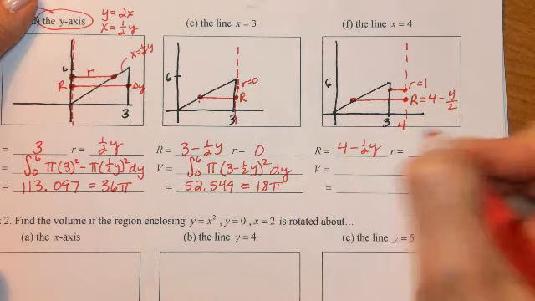From the axis of revolution to the far side of your region is your big R. From the axis of revolution to the close side of your region is little r, which in this case is 0 because it's just not there. Our region is on our axis of revolution. Big R is the top minus the bottom, so it's just x squared.